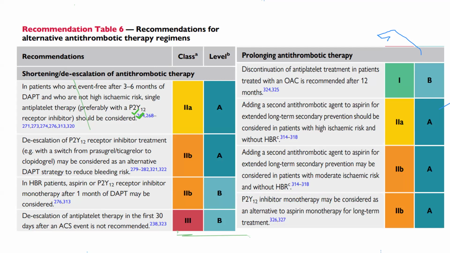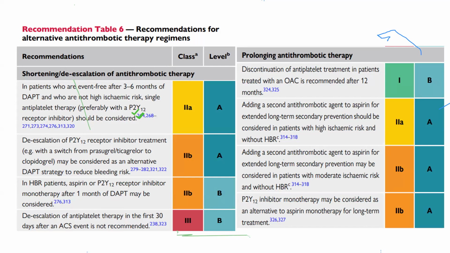In high bleeding risk patients, aspirin or P2Y12 receptor inhibitor monotherapy after 1 month may be considered in those with very high bleeding risk. De-escalation of antiplatelet therapy in the first 30 days after ACS event is not recommended. So if you start prasugrel or ticagrelor, it's recommended that at least the first 30 days, you leave them on it before you de-escalate.